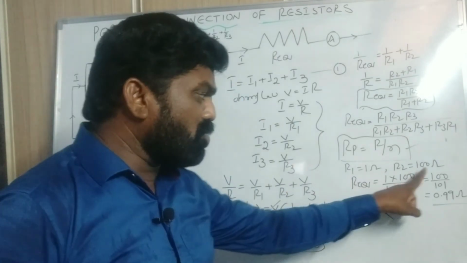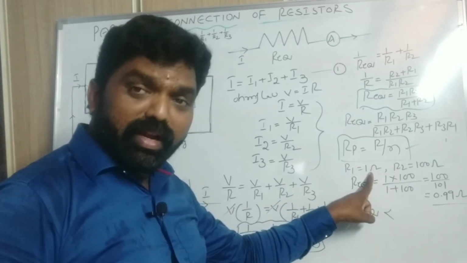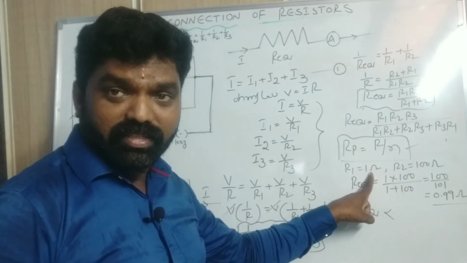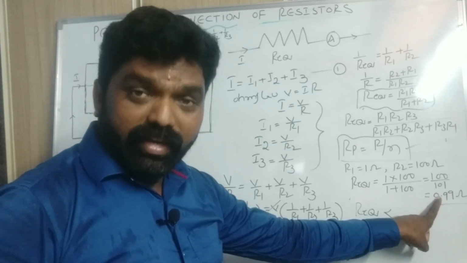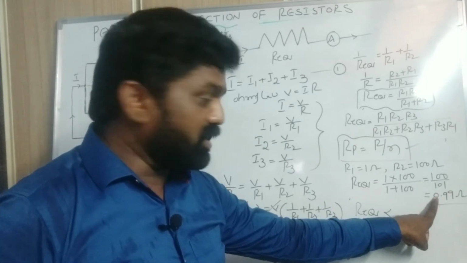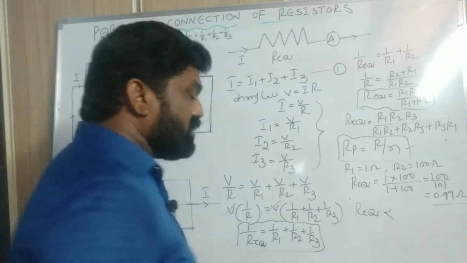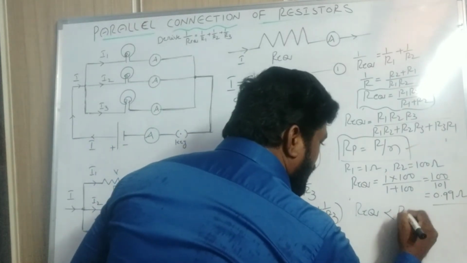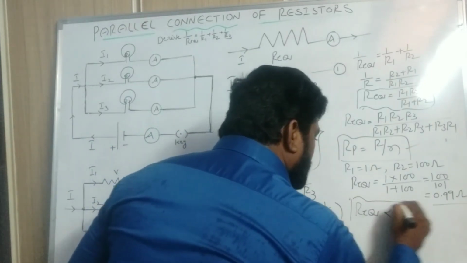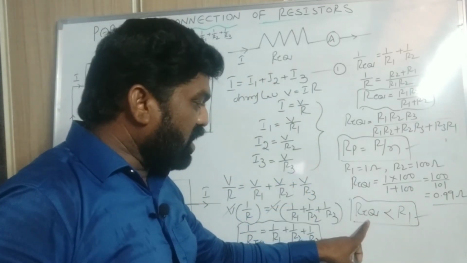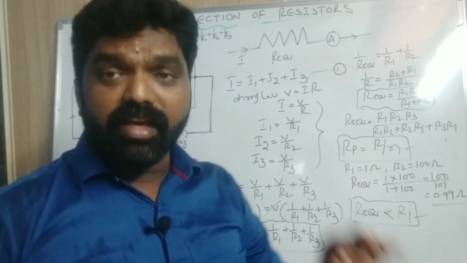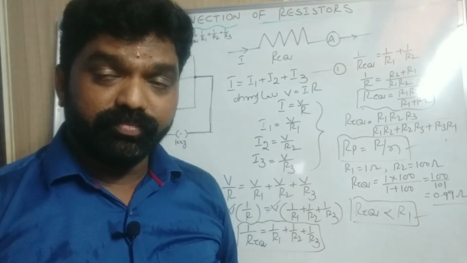Out of 1 ohm and 100 ohm, 1 ohm is the least resistance. Now we get the answer 0.99. This equivalent resistance is less than the resistor which has the least resistance. What is that? R1. REQ is less than R1. Right?